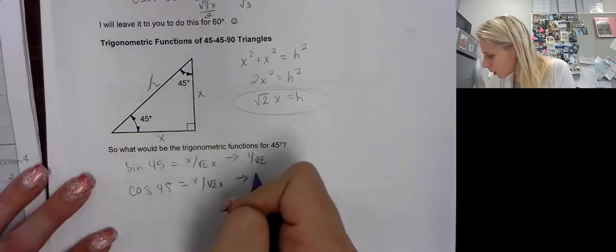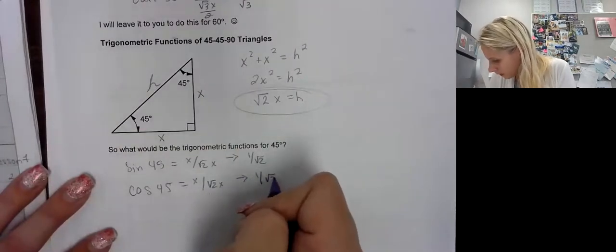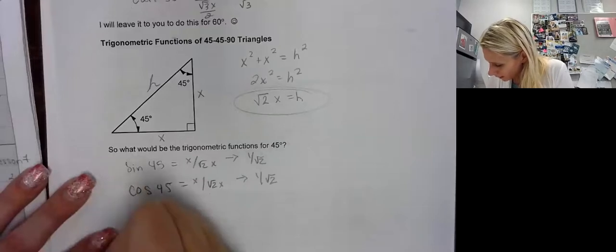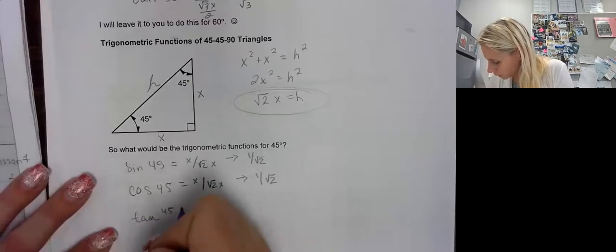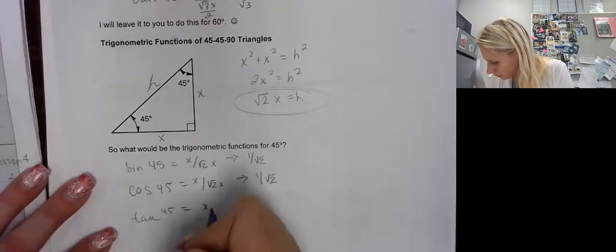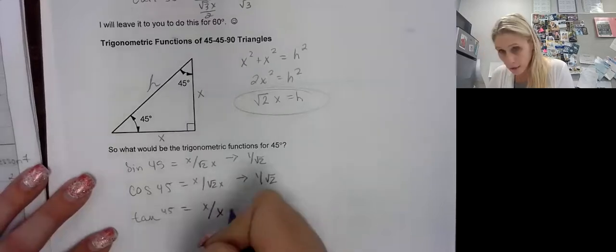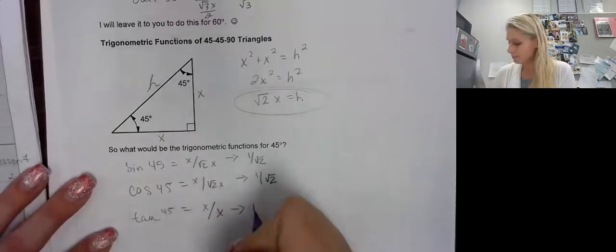Again, 1 over the square root of 2. And then we have tangent 45, which is opposite over adjacent, x over x equals 1.